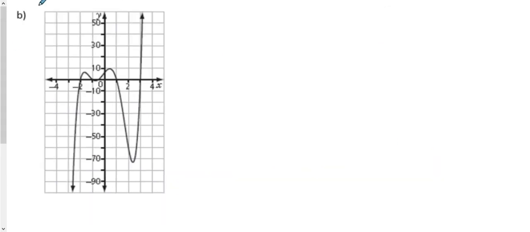For our next graph, example B, let's take a look at even or odd degree. Well, we have arrowheads going in opposite directions, so we have an odd degree this time. And again, that's only because our arrowheads were going in opposite directions. Is it a positive or negative leading coefficient? Going left to right, are we ending off on a positive or a negative?